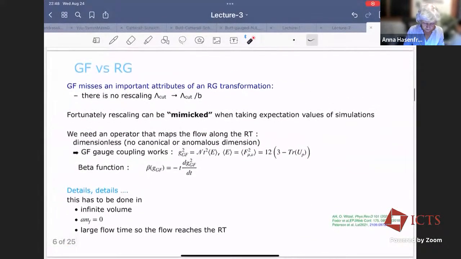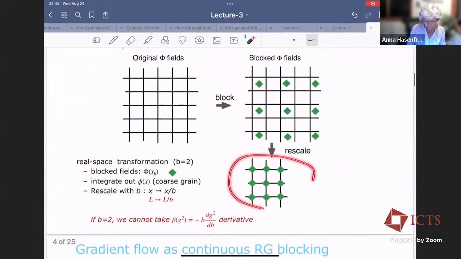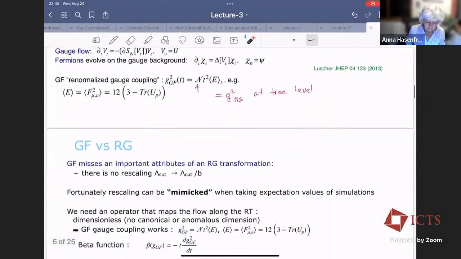Well, not quite, because for a proper RG transformation, we need a rescaling. That's the last step in this slide, and that is not part of the gradient flow.